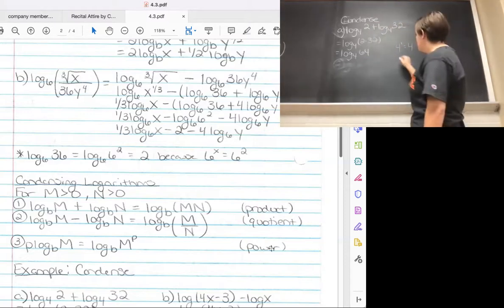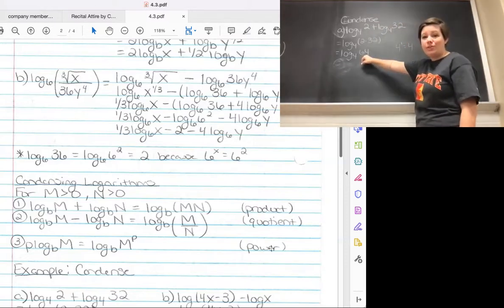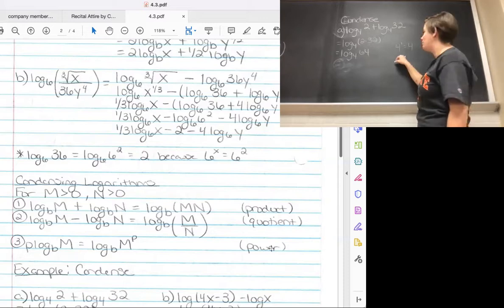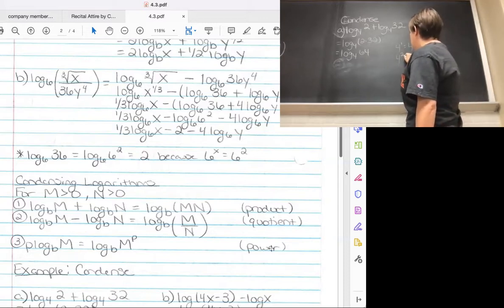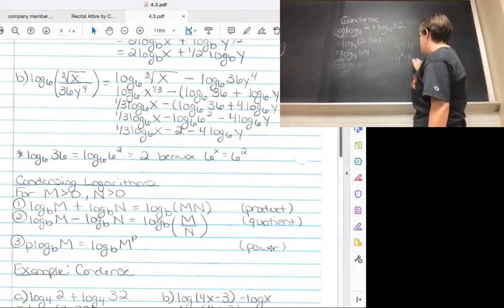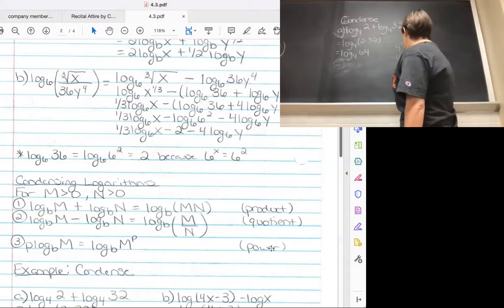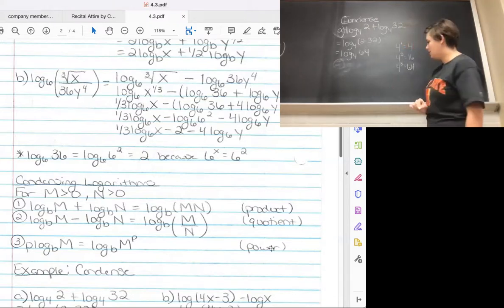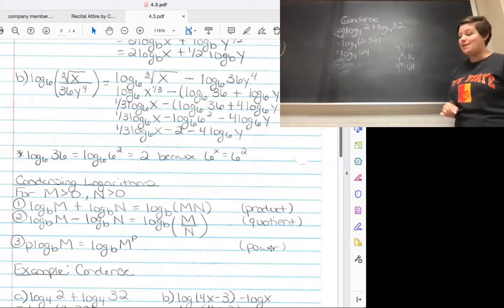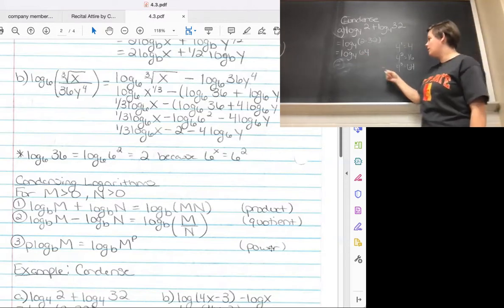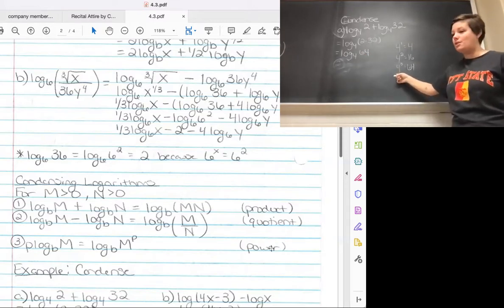That doesn't help. That's not 64, because I'm trying to figure out if I can write 64 with a base of 4. 4 squared is 16. Well, that's not 64. 4 to the third is 64. So I can write 64 as 4 to the third, and that's what I'm going to do.